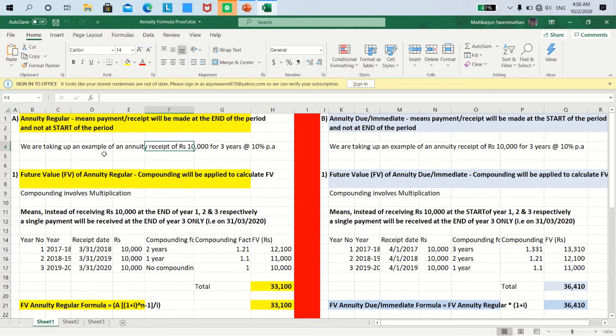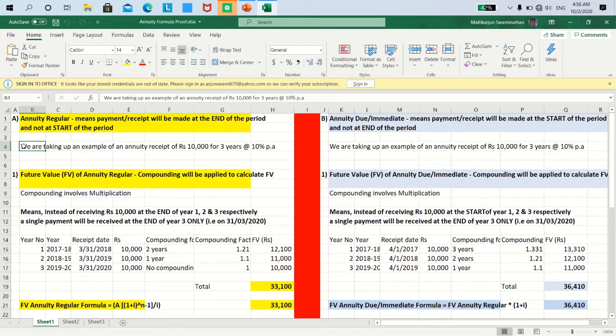So the constant amount is assumed to be rupees 10,000 as indicated in row 4, and the period is assumed to be 3 years, meaning Mr. X has to pay me rupees 10,000 each year at the end of the first year, second year and third year. And the rate of interest is also assumed to be 10% per annum.